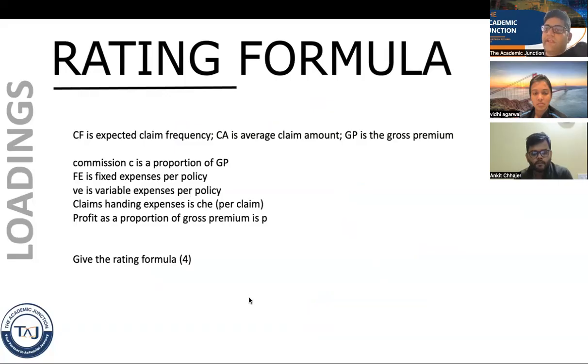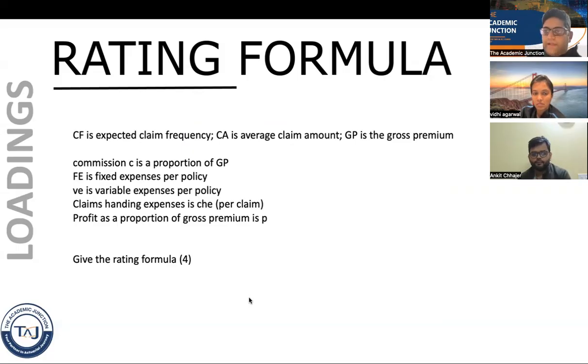When you are doing a pricing exercise in your organization as well, the end product is not the prices themselves, but the rating formula used to obtain the price. The rating formula could be a simple pen and paper formula, or a complex output from a GLM model. But at the end of the day, it's just a formula. It could have relativities and whatever, but everything is driven by a formulaic approach.